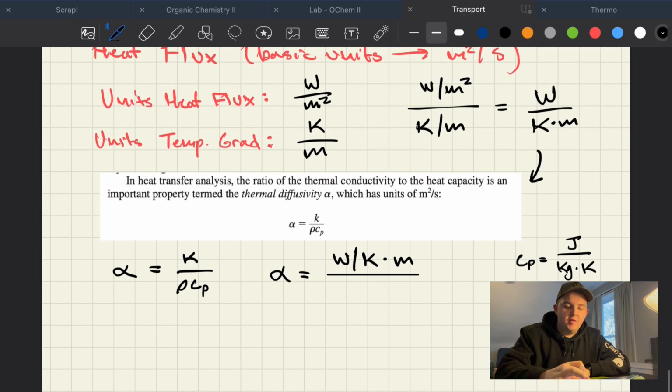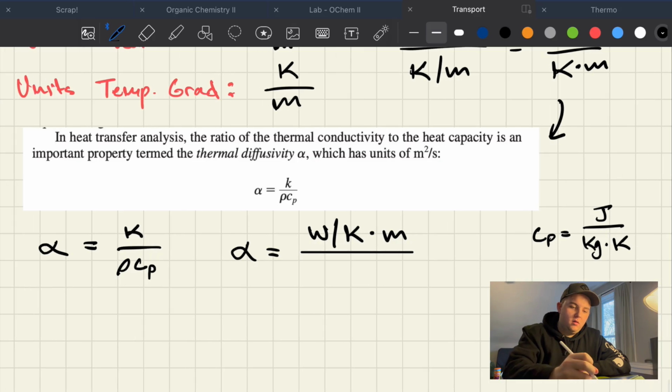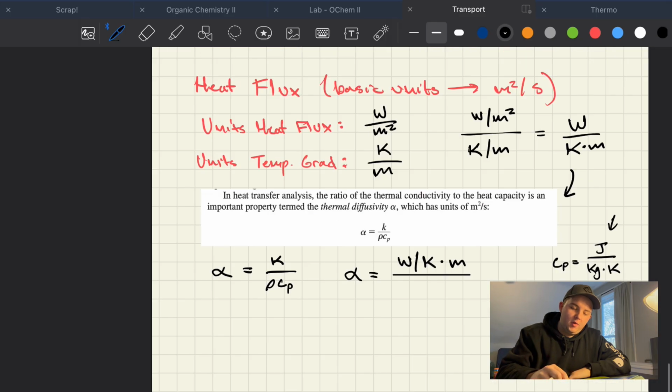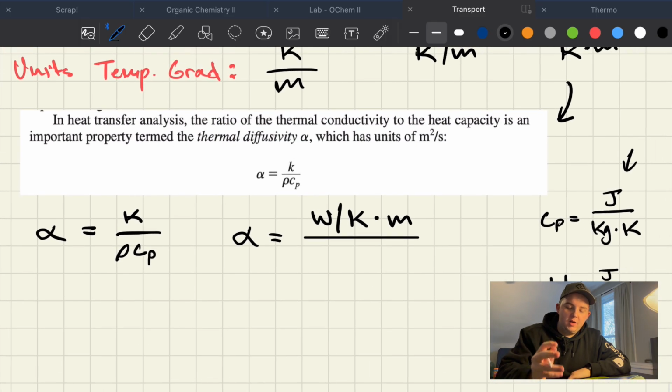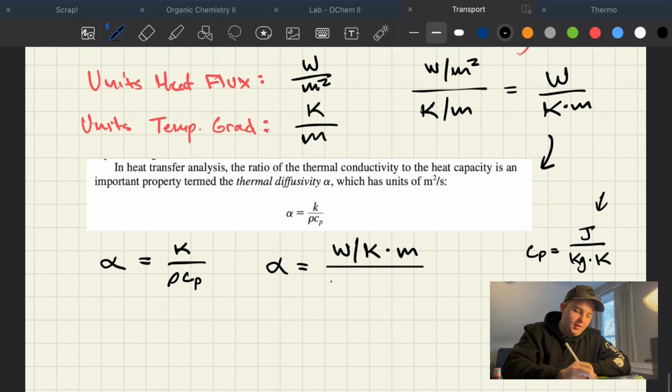Okay, I just wrote some other things down here in this corner that I wasn't too familiar with. So we have joules over kilogram Kelvin, and we have a watt is a joule per second. So going on, we got density, kilogram per meter cubed, and we have joule per kilogram Kelvin.